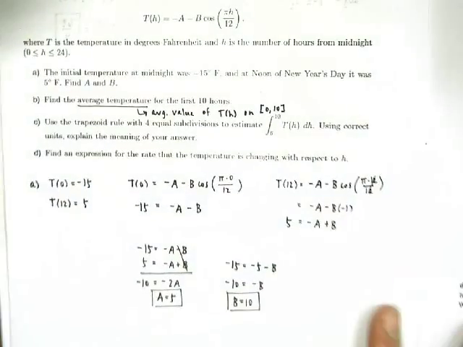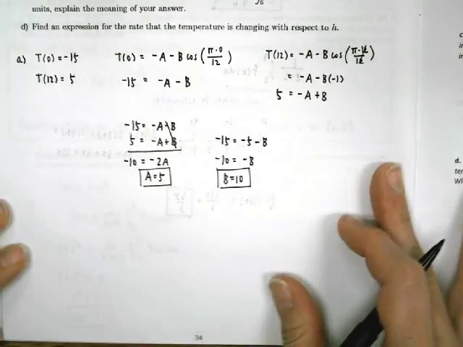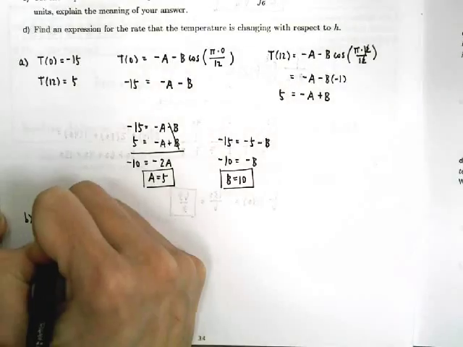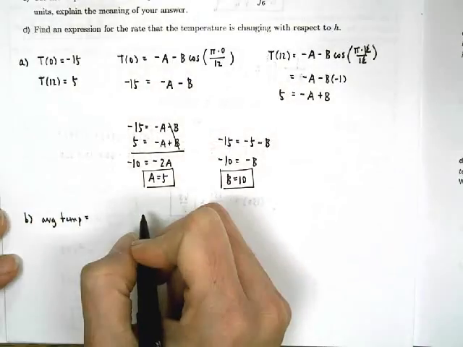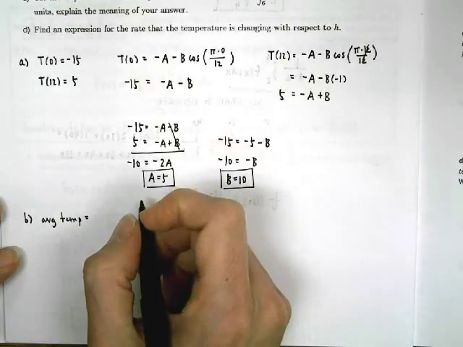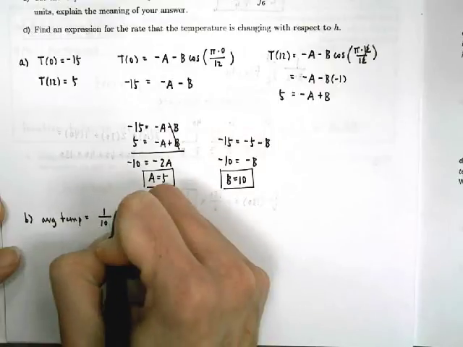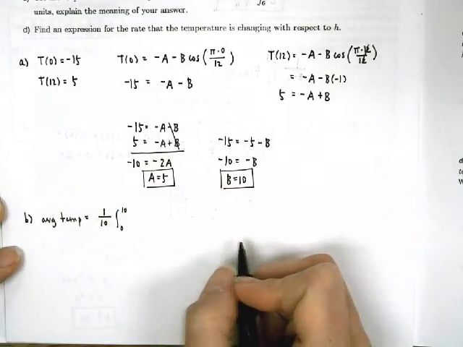So average value, we know how to do that. I know the average temperature is going to be 1 over B minus A. Well, my interval is from 0 to 10. So it's going to be 1 over 10 times the integral from 0 to 10 of my temperature function.